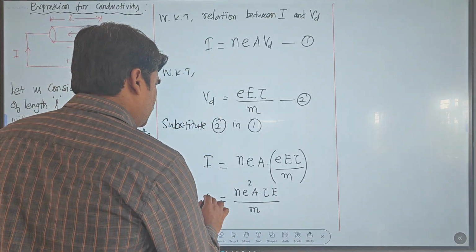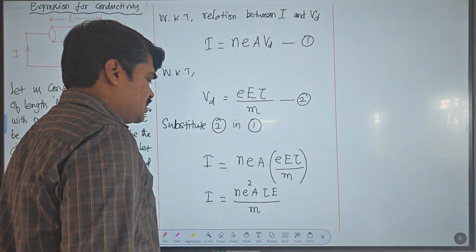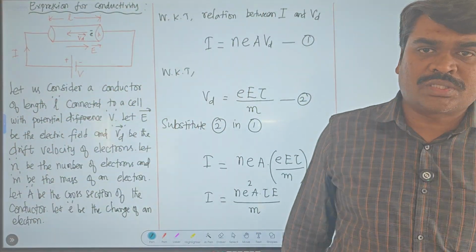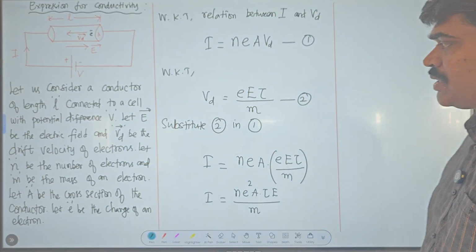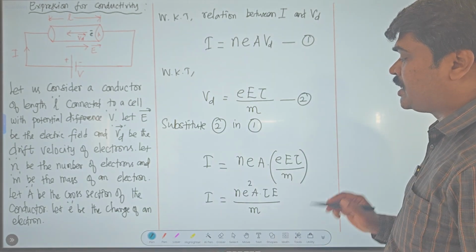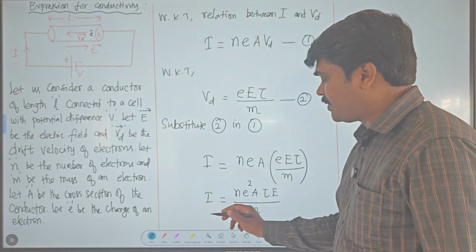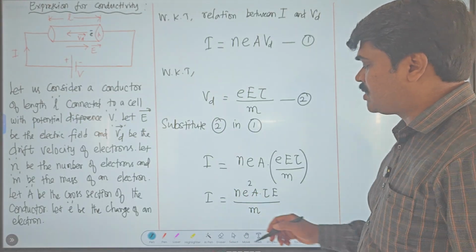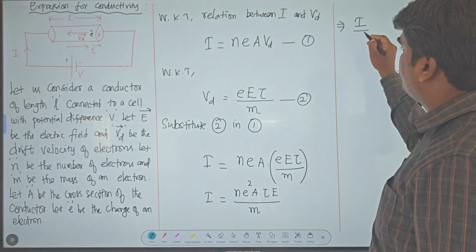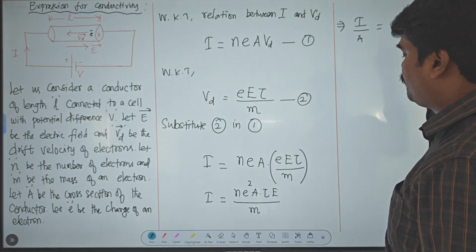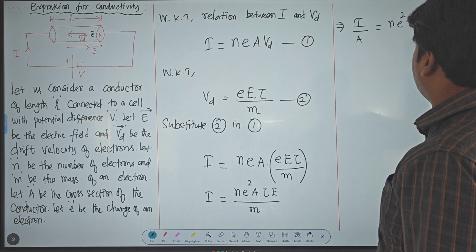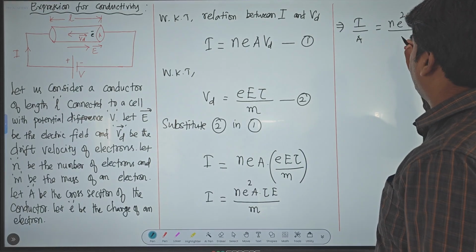So this is the expression for current that we get. Now we are going to use the concept of current density because that is the one which relates conductivity to this expression. For us to have current density, we need the expression of I by A. So transpose this A to the LHS. That implies I by A is equal to N e squared tau E divided by m.